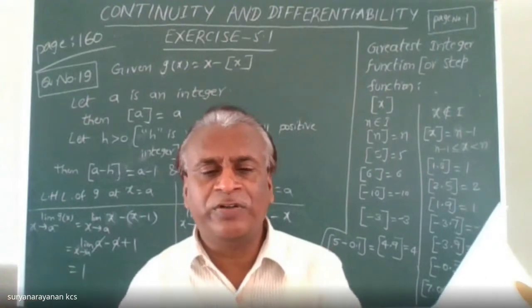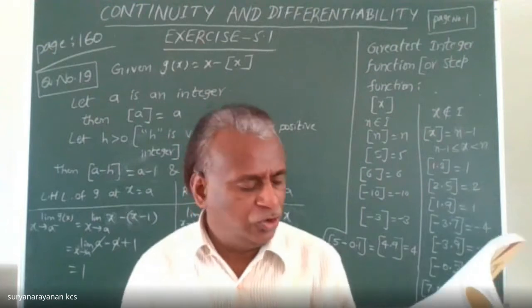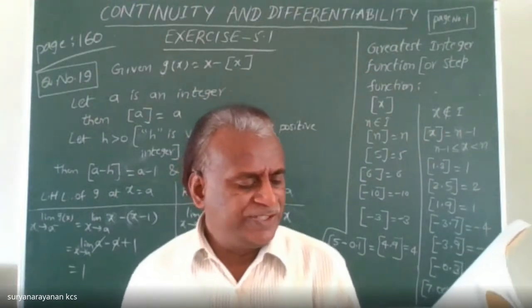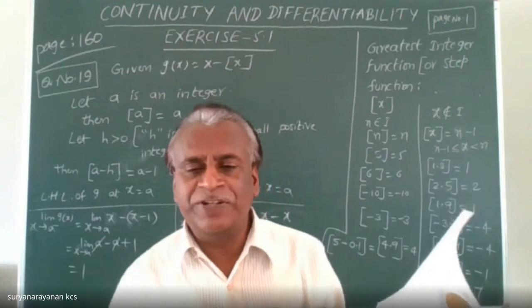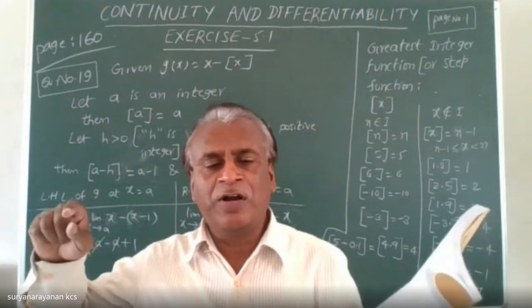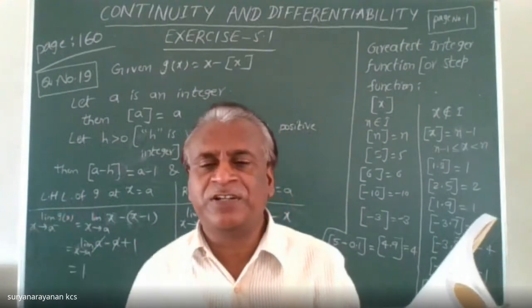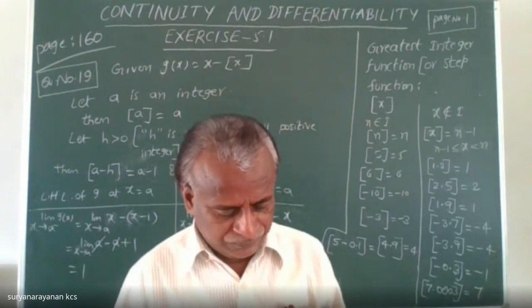At x is equal to n pi. At all these points, it is discontinuous. Secant: odd multiples of pi by 2. At all the odd multiples of pi by 2, secant is discontinuous.